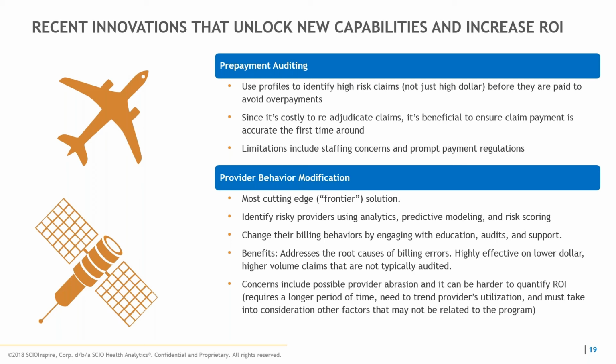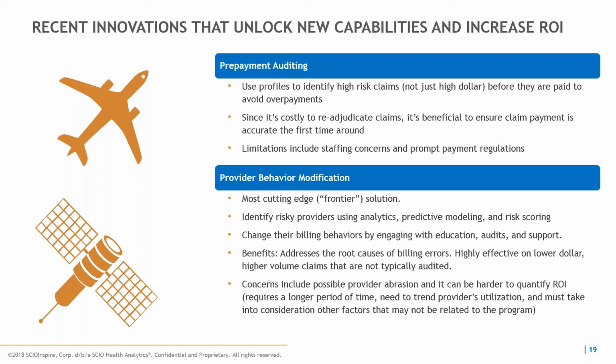CEO believes that by adopting a pioneering approach and incorporating prospective tactics to traditional retrospective programs, a plan can maximize that opportunity. There's 4 major destinations on our journey: longitudinal data mining, expansion of our post-pay audit programs into the outpatient and ancillary claim types, the prepay clinical auditing, and the provider behavior modification.